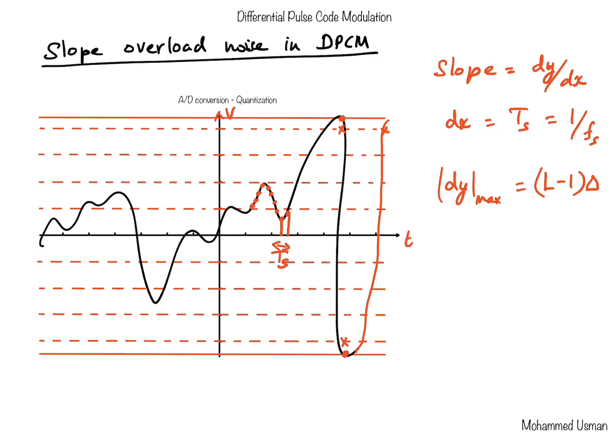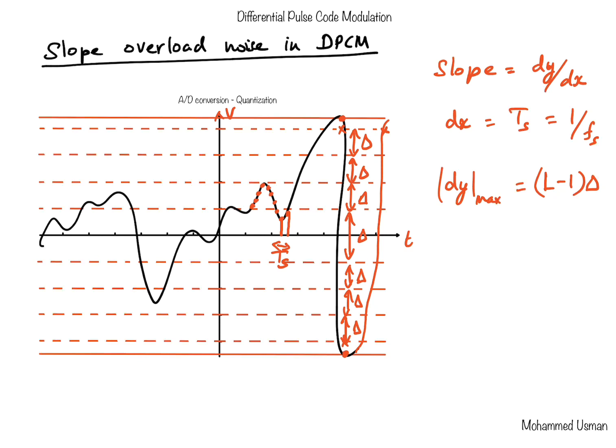Then the change is going from here to here, which is one delta, that distance is another delta, that's another delta, that's another delta, that's another delta, that's another delta, and that's another delta. If you count these, it gives us a total of 7 deltas.